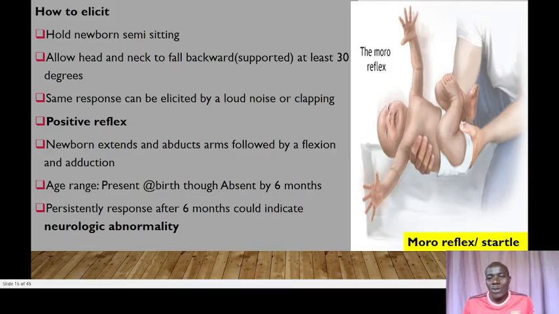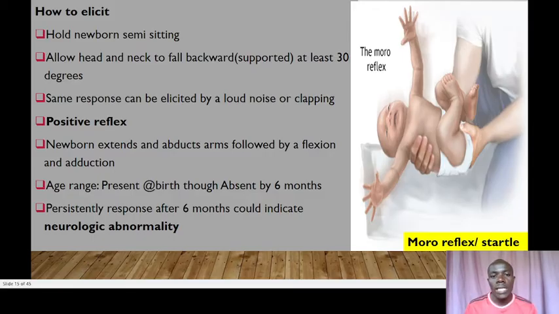This is how you do it. You need to hold the baby in a semi-sitting position, and then you allow the head and the neck to fall back. Of course, supported. They are not ready to support themselves comfortably, so we have to support them, and this should be at 30 degrees.